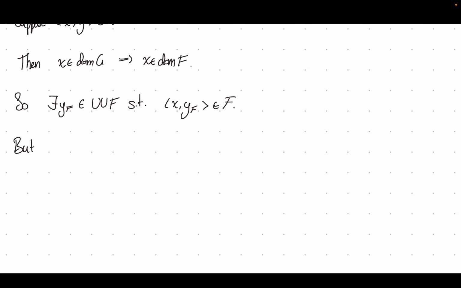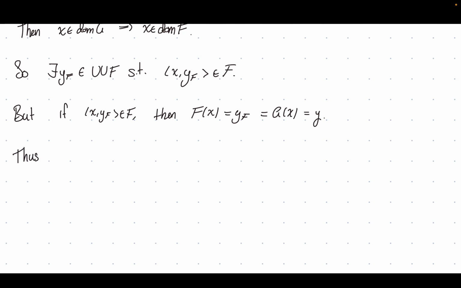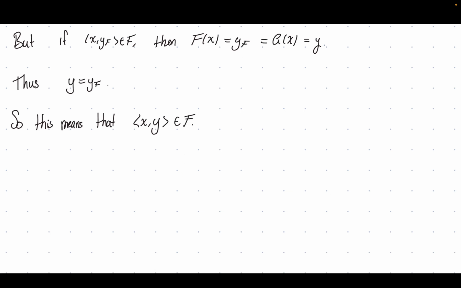But if x comma y sub f is in f, then f of x is equal to y sub f, which should be equal to g of x, which should be equal to just our original y. Thus, y is equal to y sub f. So this means that our original x comma y has to be in, no, in f. And thus, g is a subset of f.